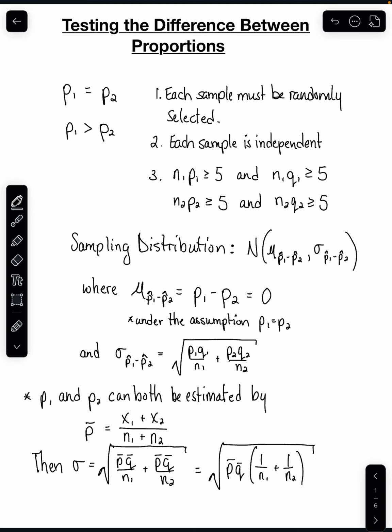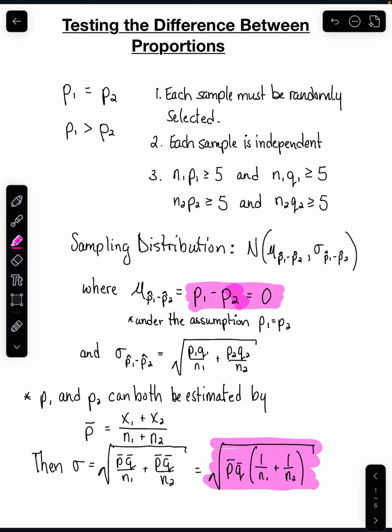And we have this formula for our sigma. Along with this formula for our mean, but under the assumption of equality, that will always be equal to 0.